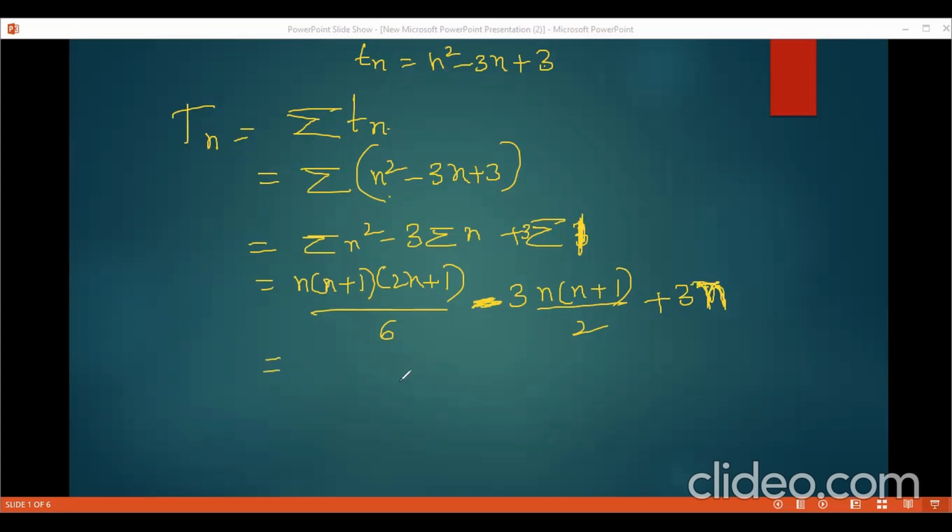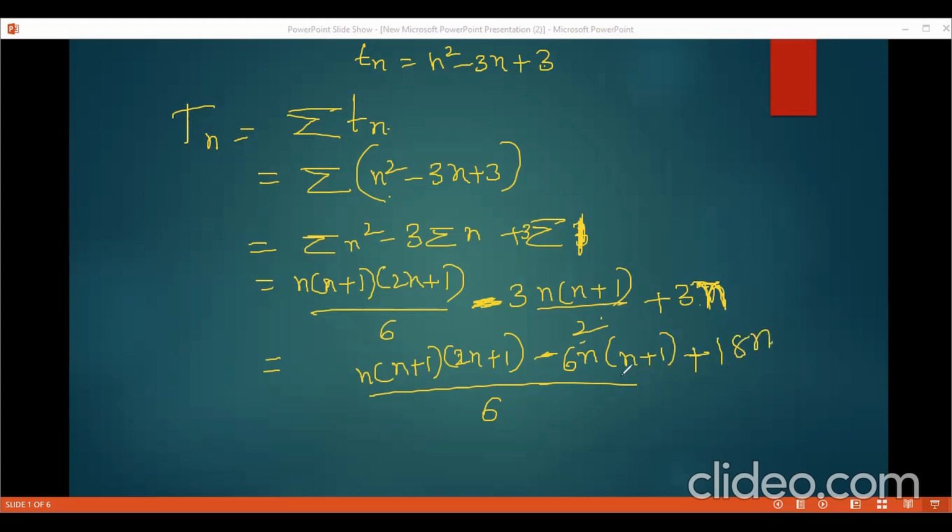So can I take the LCM now? LCM is 6. You will get the same thing in the numerator of the first term. And what about the second term? Into 2, so I can take 6n into (n plus 1). Here you are getting 6, these are 18n. Now you simplify this. What do we get?